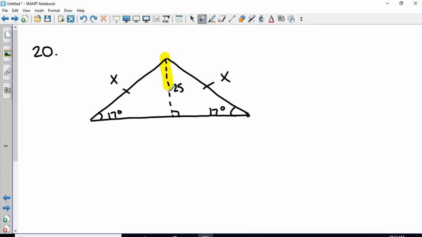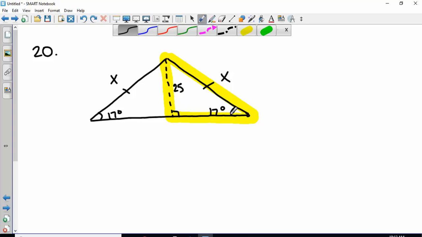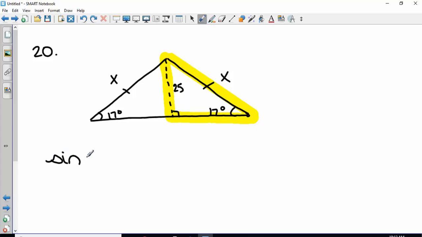So if we take just this piece, we have a right triangle. And we could set up a trig function. From this angle, that's my opposite and my hypotenuse, so what trig function? Sine. So we could say the sine of 17 degrees equals 25 over x. Get the x off the bottom and multiply by x over.